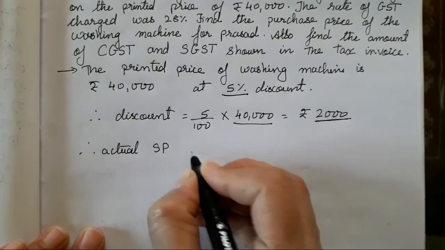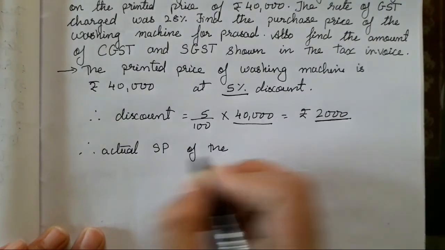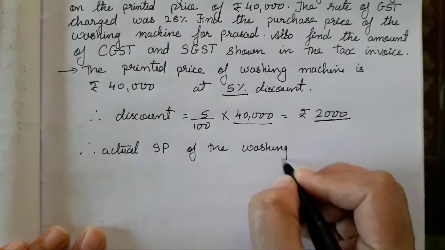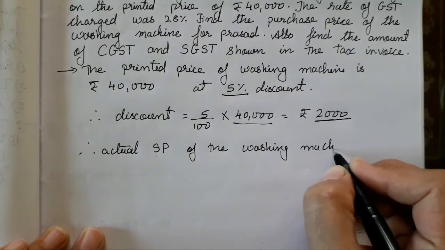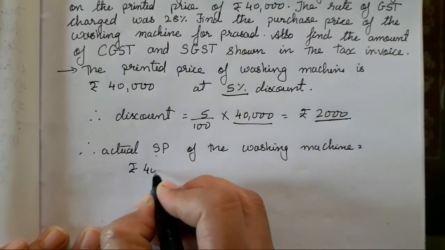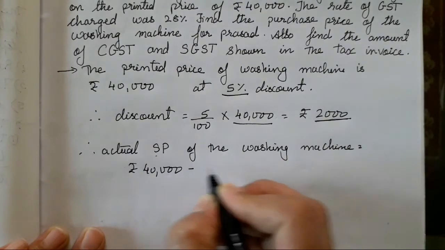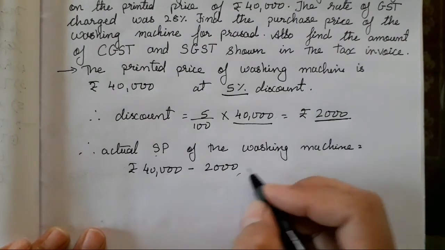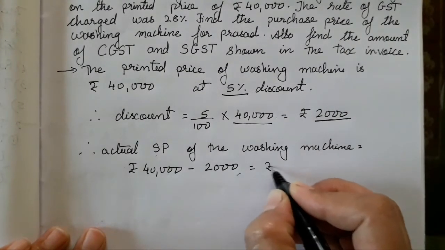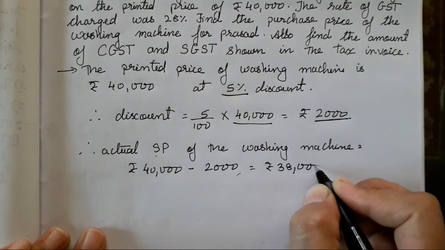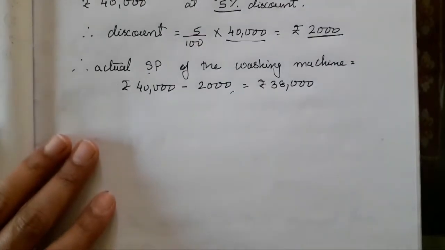Therefore, actual SP, means selling price of the washing machine, is equal to rupees 40,000 minus 2,000. Okay, why we are subtracting these? So that we can get the actual amount of the washing machine, which is rupees 38,000.